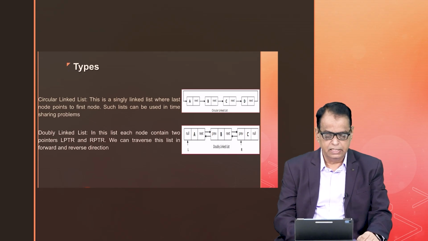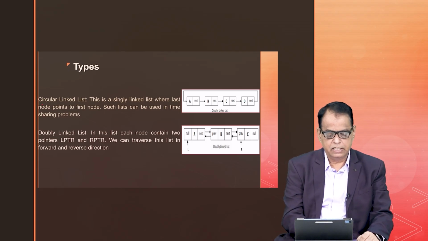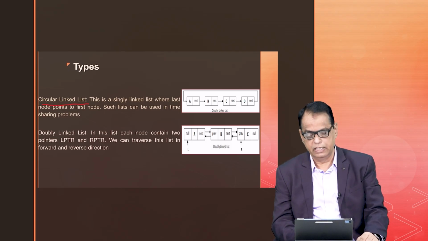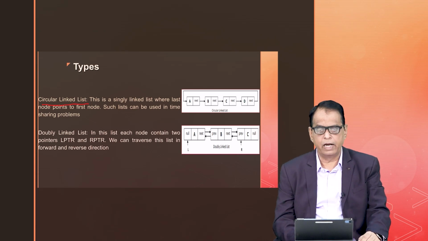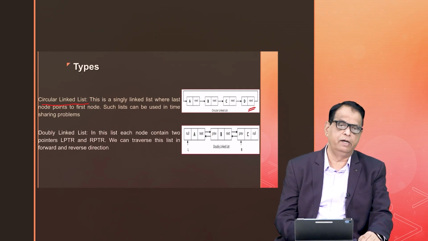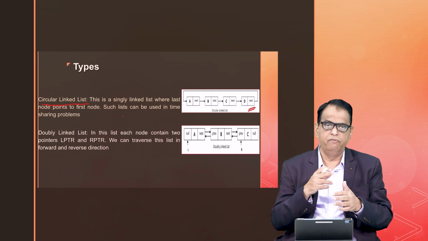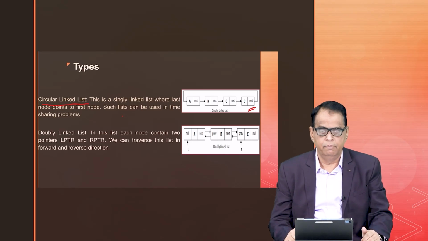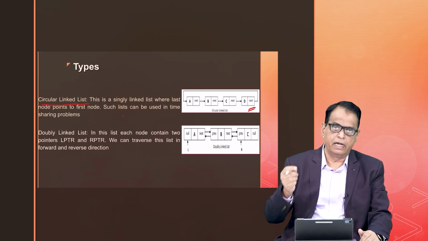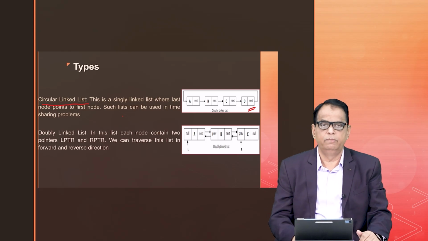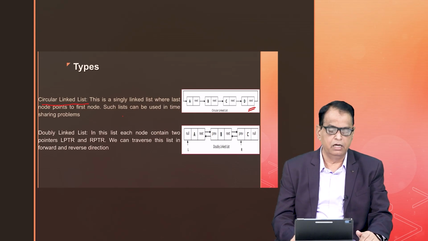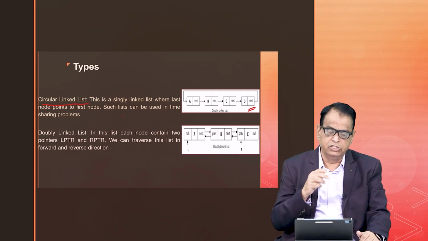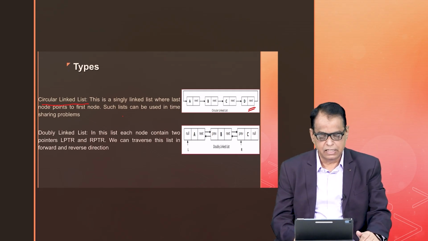Now, there are two more types of linked lists. Another very popular linked list is called a circular linked list. Suppose I have been given a simple linked list, and now I connect the last element back to the first element of the linked list. Then you will find that a circle is formed, and such a linked list is called a circular linked list, because the logical structure of this linked list is a circle.